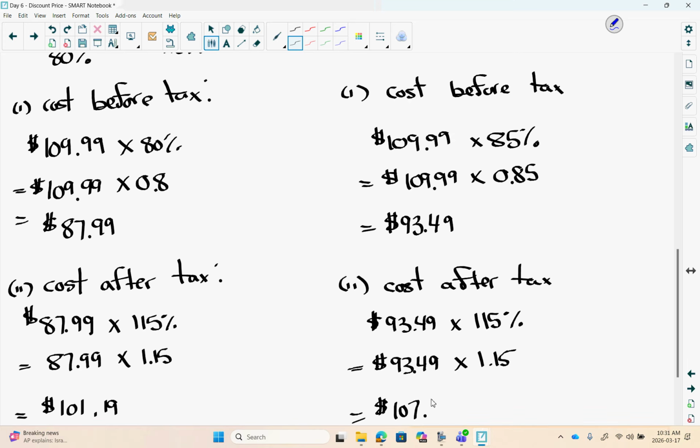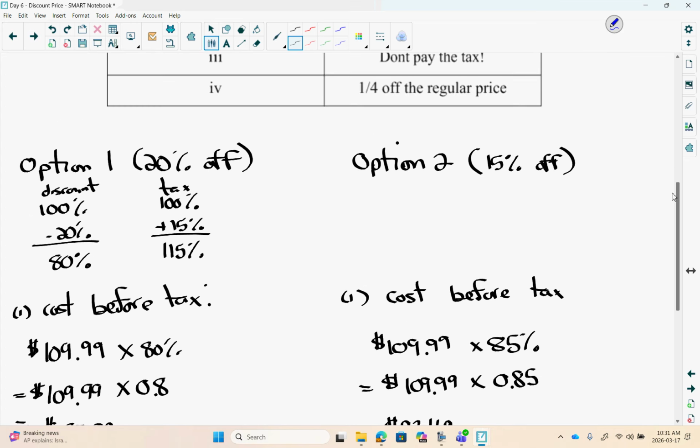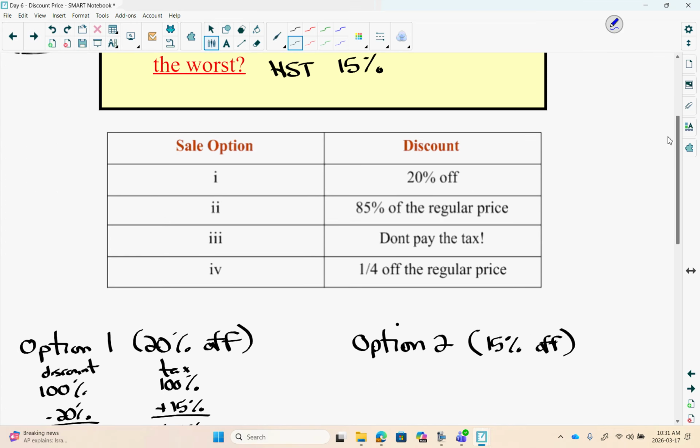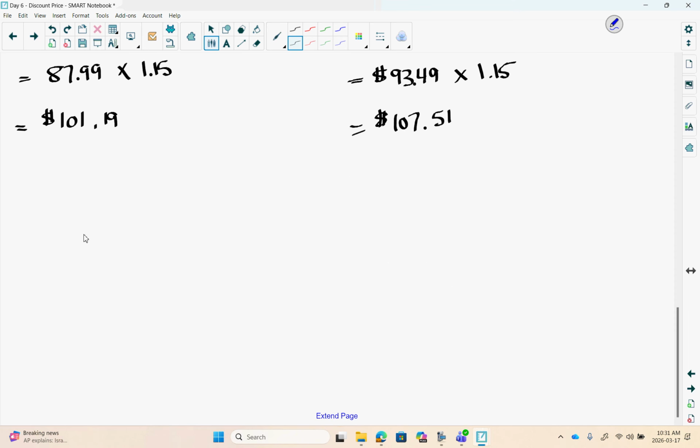So option 1 is still the better deal. Why? Why is the cheaper price better than the more expensive one? Because you're the consumer, you're buying, you're paying money. Like if you were receiving this money, then obviously I'd want the bigger amount. But when I'm paying for items, I want to pay the smaller amount. Option 3, you don't pay the tax. So there's no discount.